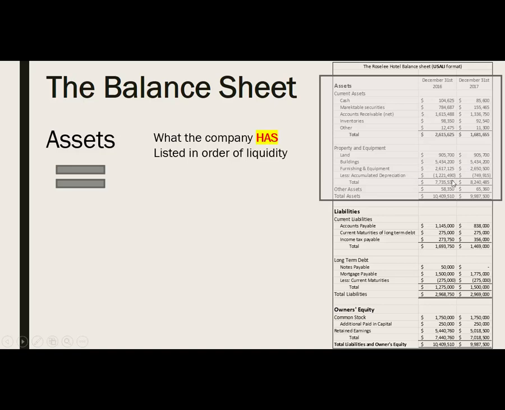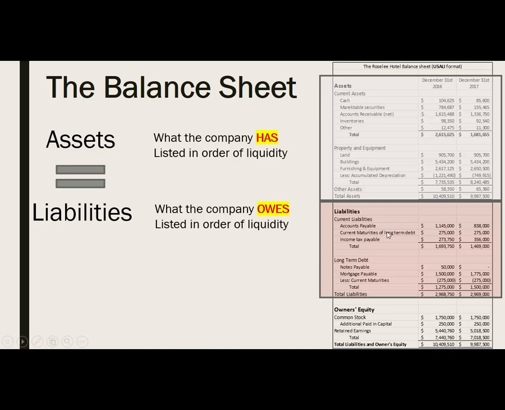But the total depreciation over time, the accumulated depreciation, is shown right here on the balance sheet. So it would be the value of all of these, not your land, but your buildings, furnishing, equipment, when you purchased them, minus how much you have depreciated, how much you have counted as an expense over time. Other assets right here could include goodwill, investments, and so on.